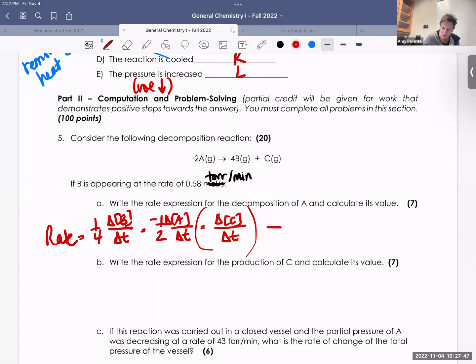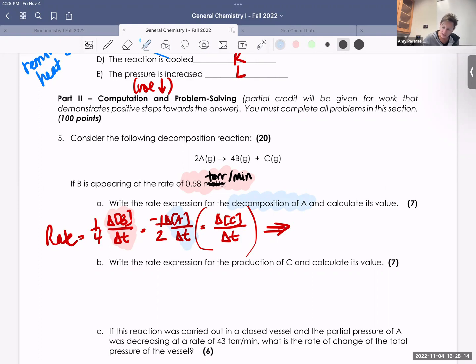So now to solve this, we need to say that this rate of 0.58 torr per minute, we don't need to worry about putting units in because our answer is just going to have the same units. That goes in for this piece. And if we're talking about the rate for the decomposition of A, that's this piece. And this is a really important piece: we still have to keep the fractions.